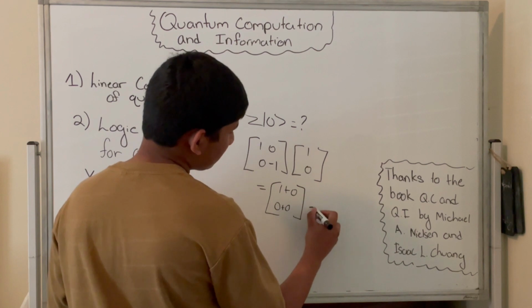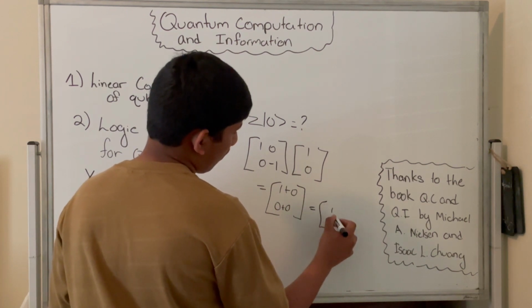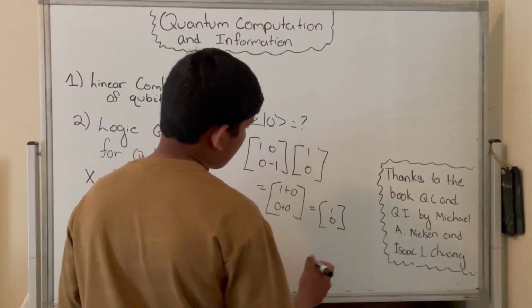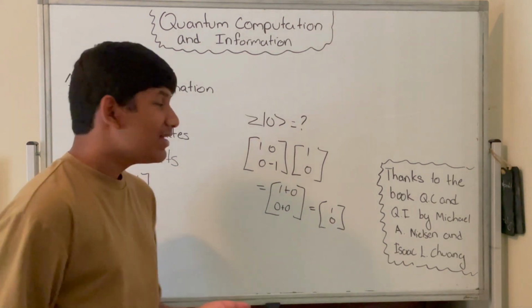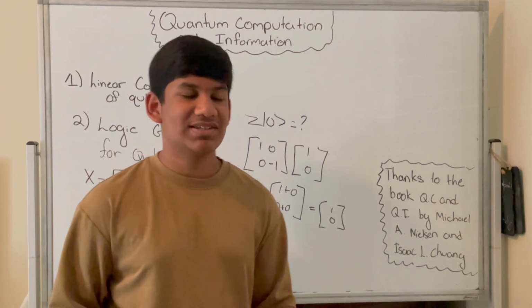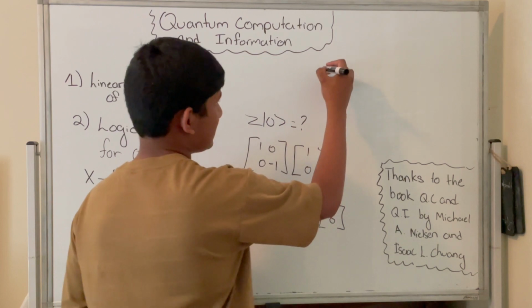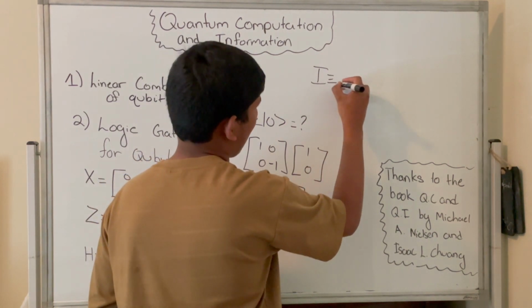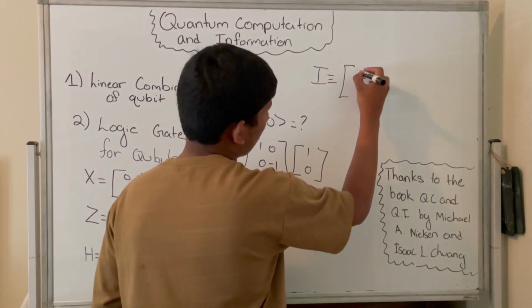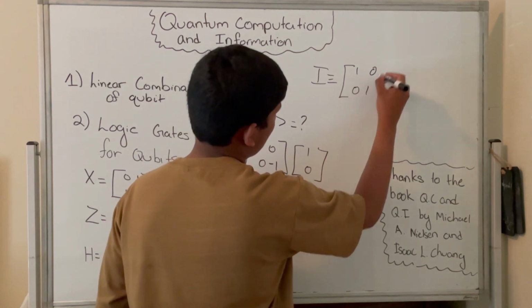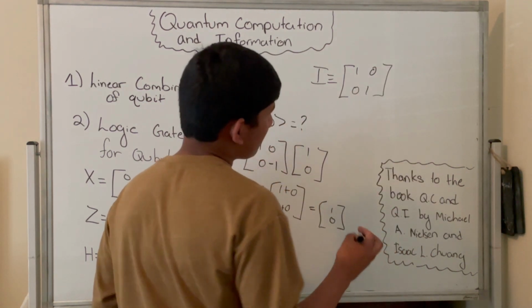So we get 1, 0. As you can see, this is kind of like the identity matrix in a sense. Now, the identity matrix is not this. The identity matrix, which is represented by I, is defined to be 1, 0, 0, and then 1. And we can use this to multiply anything.